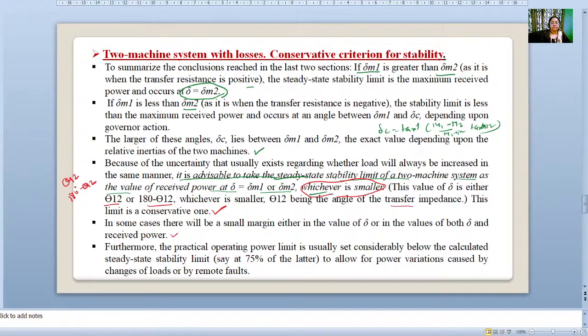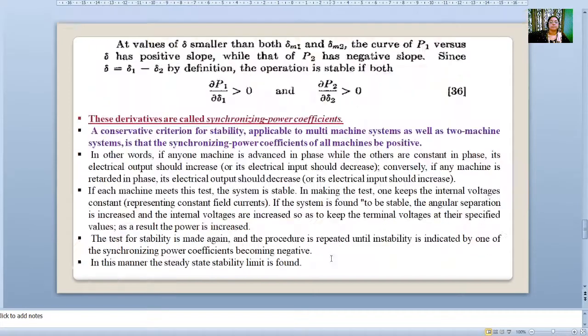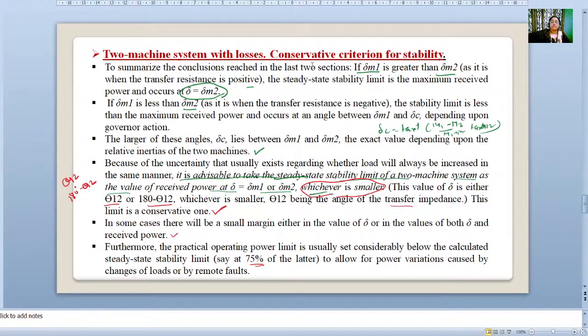In practice, the operating power limit is usually set considerably below the calculated stability limit, that is 75% of the latter, to allow for power variations caused by changes of the load or by a remote fault. Okay, in this section we are seeing what the conservative criteria for stability is.